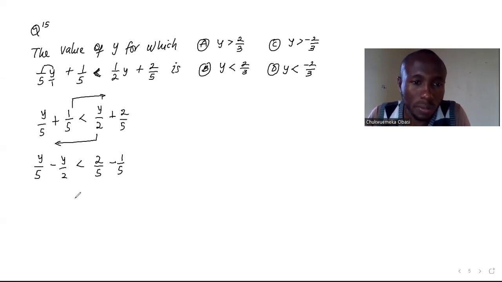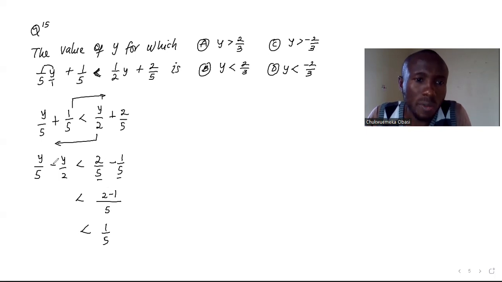Now we have less than. I'm going to simplify these guys first because they have the same denominator. It's very easy to simplify this. You just take one of the denominator and you have 2 minus 1. That is pretty much how it works when the fractions have the same denominator. Take one of the denominator and subtract the numerators. So here you have 2 minus 1 is 1 over 5.